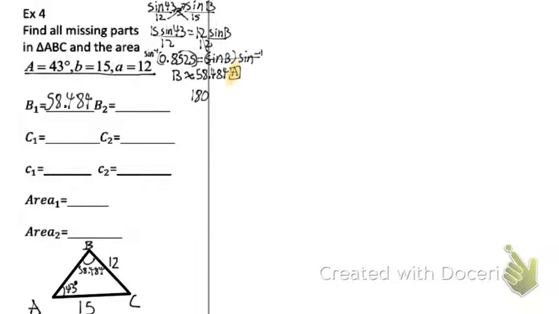So 180 minus 43 minus A. Angle C approximately equals 78.516. C1 equals 78.516.